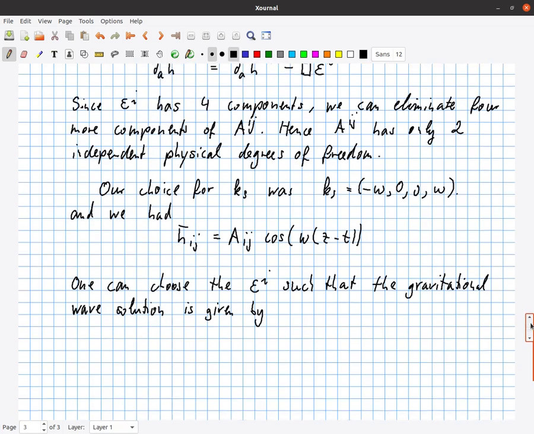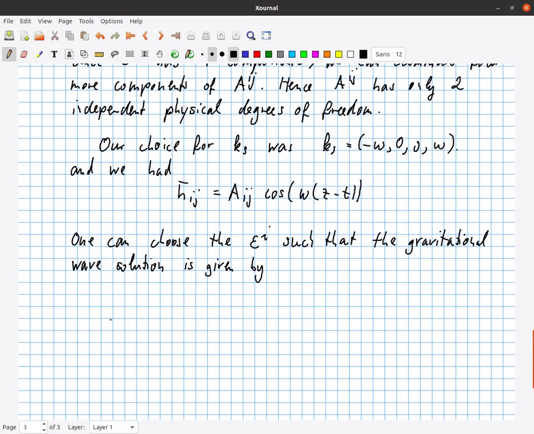I'm now writing this with upper indices. h̄^ij equals, we have zeros here, and it is conventional to call this component A plus.